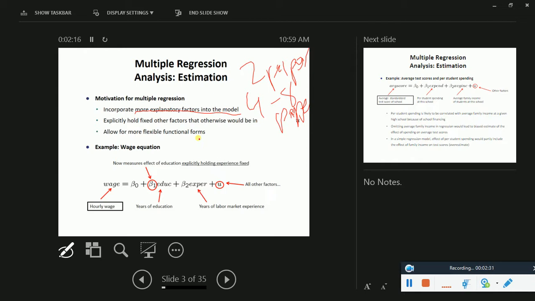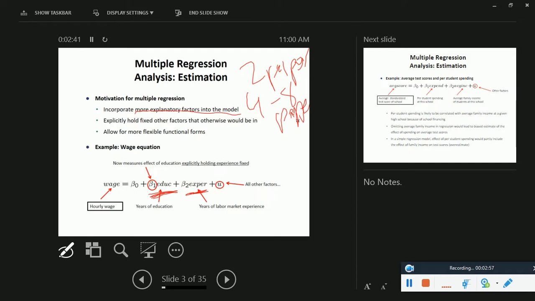If you take an advanced level statistics course, you will also see interaction terms. Let's say in this example, the wage equation, they are trying to analyze how education is affecting your wage or how experience is affecting the wage.